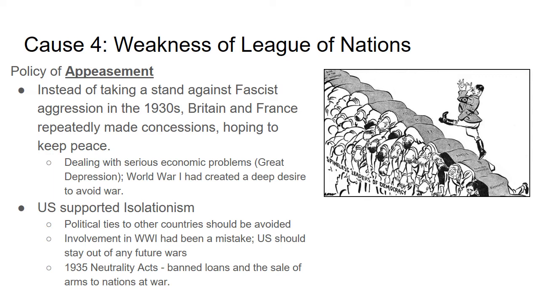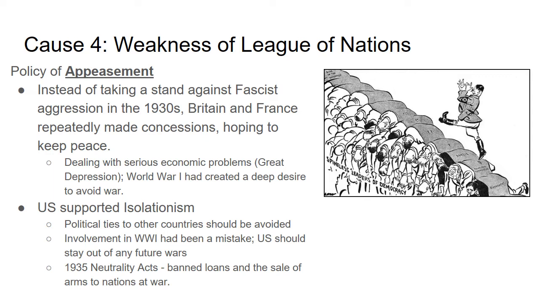However, instead of starting a war, Britain and France were following a policy called appeasement. They really, really did not want to go to war. And so instead of taking a stand, they kept on making concessions. They kept on saying, oh, well, we'll just let Hitler do this, and then he'll be satisfied, and everything will be fine.